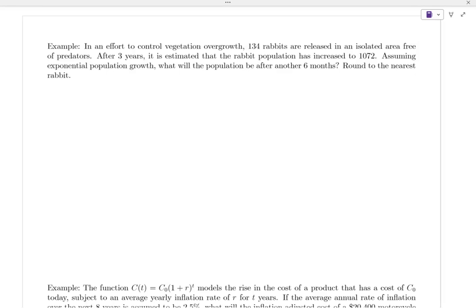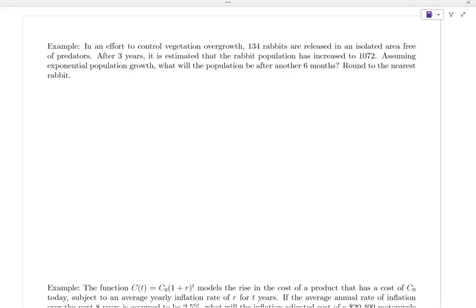The free of predators part is just telling us that the rabbits will be able to grow unchecked. Essentially, they won't have any natural occurring things outside that's going to reduce their population, and so that's why we're assuming the exponential growth. If you had outside influences that would hinder the rabbits from growing, then you would have to make adjustments to your model. So everything here, we're not going to worry about the adjustments to the model piece.